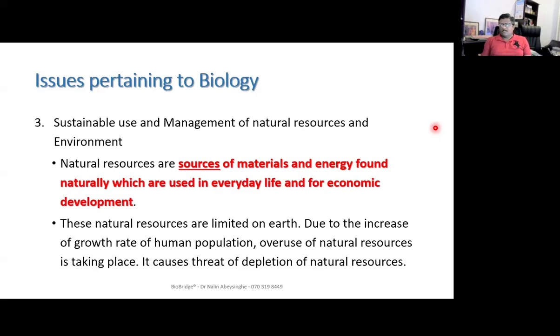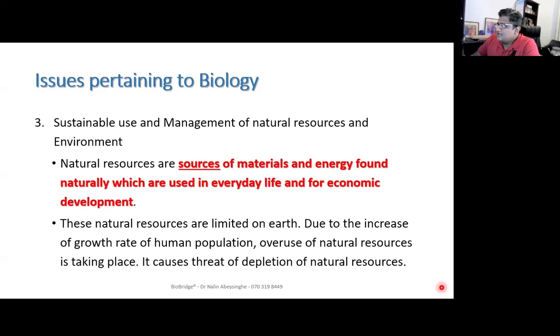Natural resources are sources of material and energy found naturally. This is a definition, right? This is a definition. Don't forget it, because this may be the only place where you get this definition. So you have that definition.